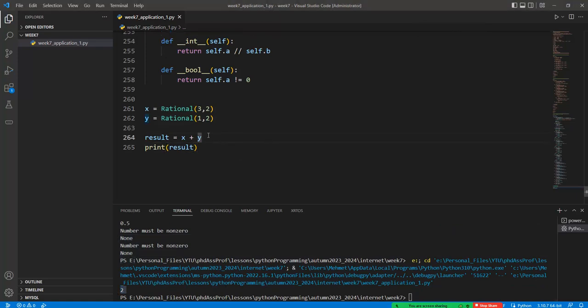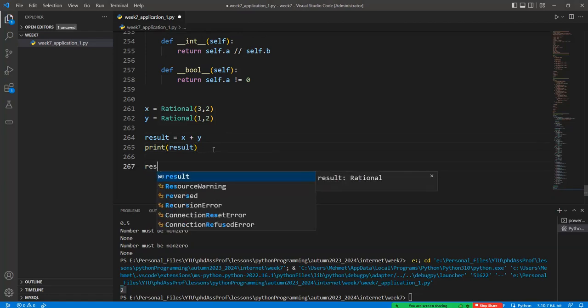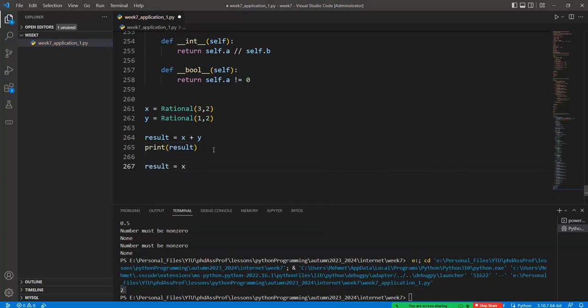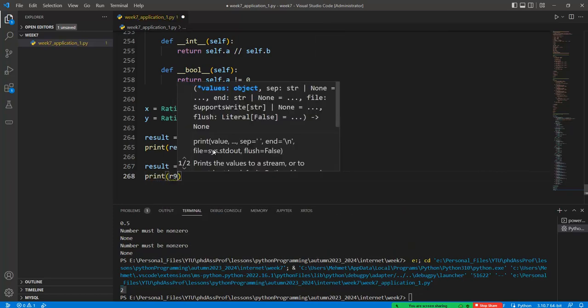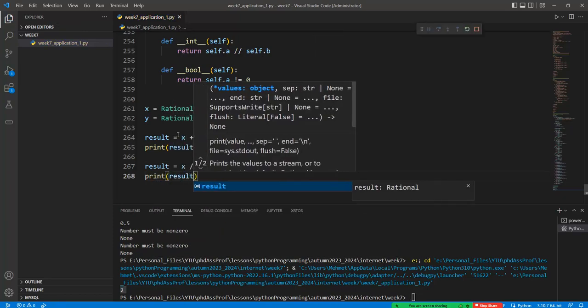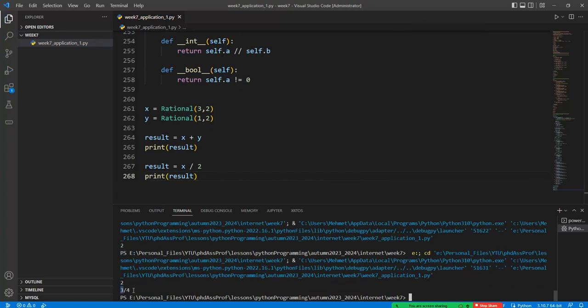Or we can create the result value x divided by 2, and print result can be assigned with this term like this one, 3 divided by 4, okay?